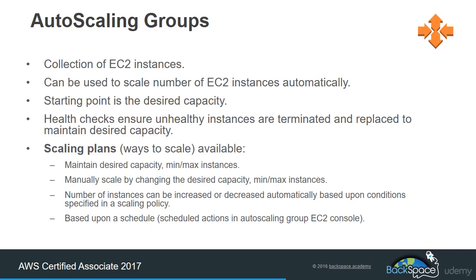The number of instances can be increased or decreased automatically based on conditions that we specify in a scaling policy. Or we can scale based upon a schedule. So we could have scheduled actions in our auto scaling group: we go into the EC2 console, go into our auto scaling group, and select a scheduled action for that group.